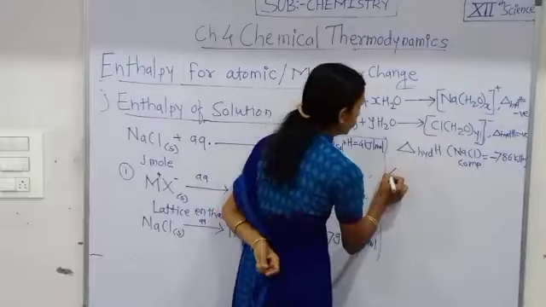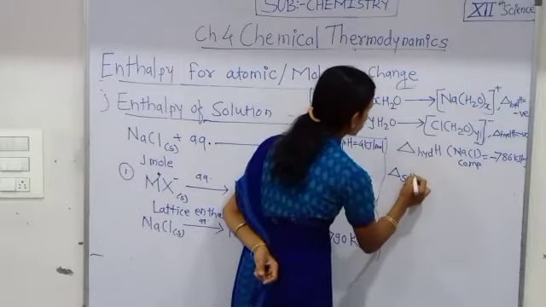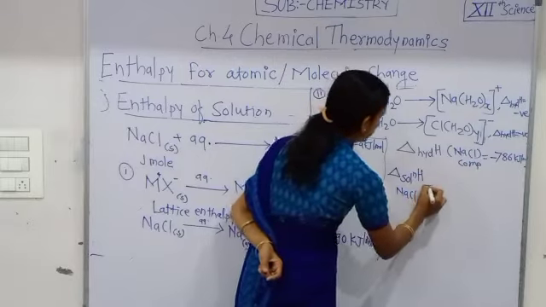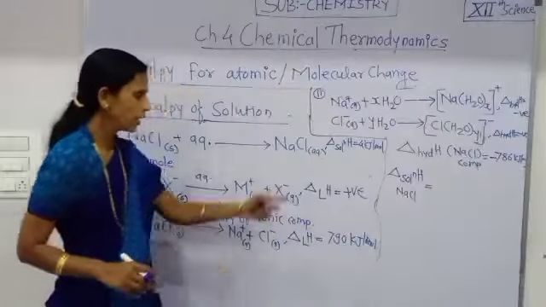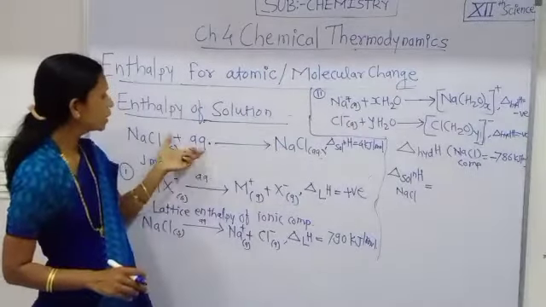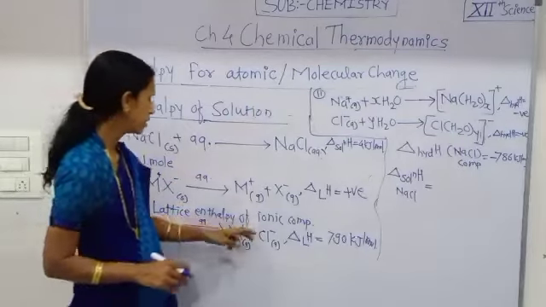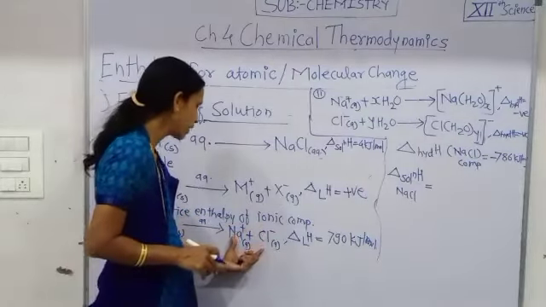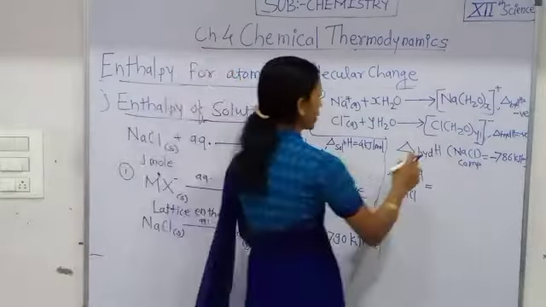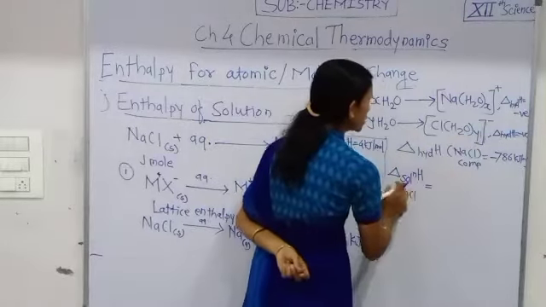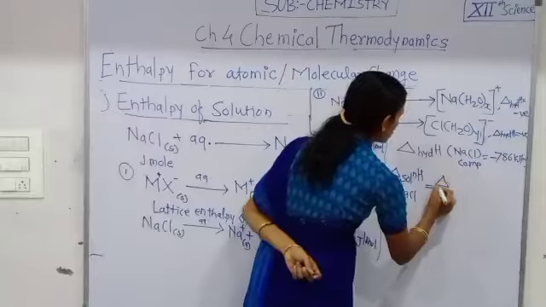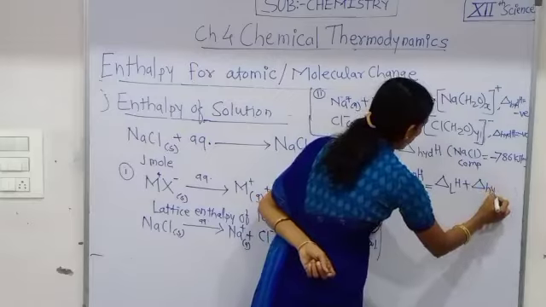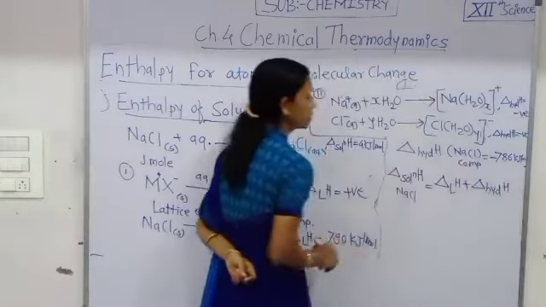And here we can calculate the enthalpy of solution of NaCl. The enthalpy of solution includes two steps, the ion separation, that is the lattice enthalpy, as well as the enthalpy of hydration. That means the enthalpy of solution is the sum of the lattice enthalpy and the enthalpy of hydration of that ionic compound.